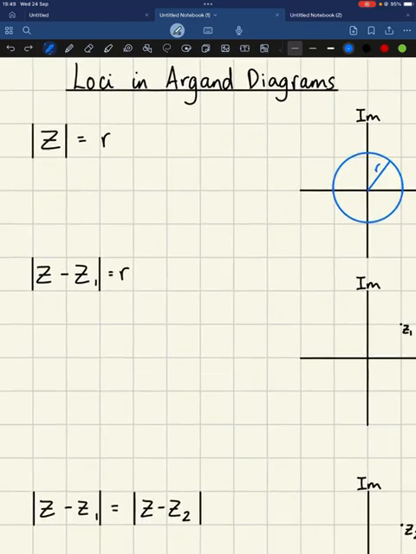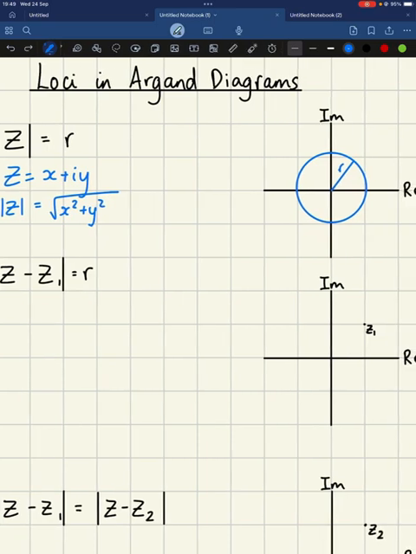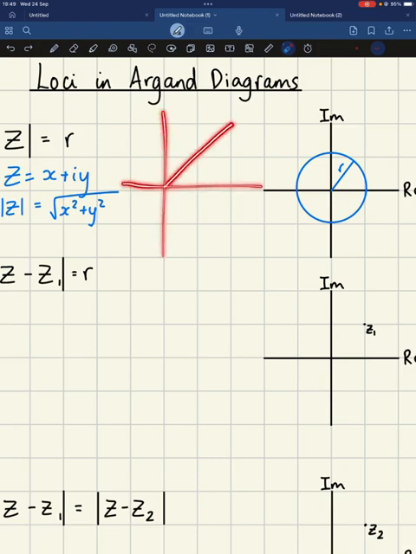We could also do this by saying, well, we know that z is equal to a complex number, let's say x plus iy. We know the modulus of z is the square root of x squared plus y squared, as if we've got a complex number here, and the triangle created by it, that's r, that's x, and that's y, with a right angle there. So r is just the square root of x squared plus y squared.